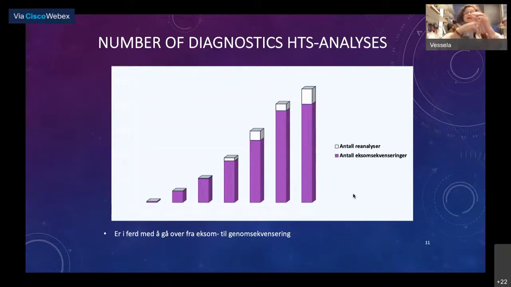Because the genomes have coding sequence in only 2% of the whole genome, the initial efforts on looking for disease-associated mutations were, of course, in these exomes. But from 2 years ago, we have moved from exome sequencing into full genome sequencing in our diagnostics.